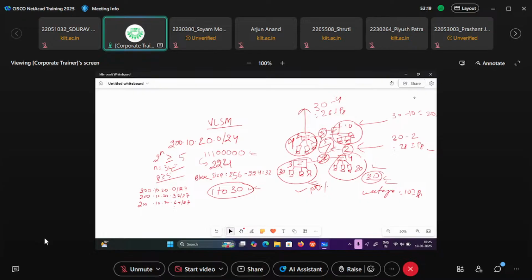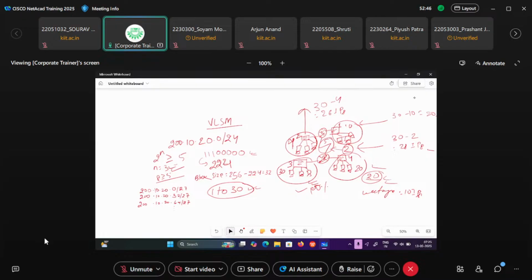How can we achieve more accuracy and reduce the wastage? For that, the concept of VLSM came up. So that is the scenario we have to understand. What problem were people facing earlier, what solution did we come up with, and what techniques have we used to reduce this problem?